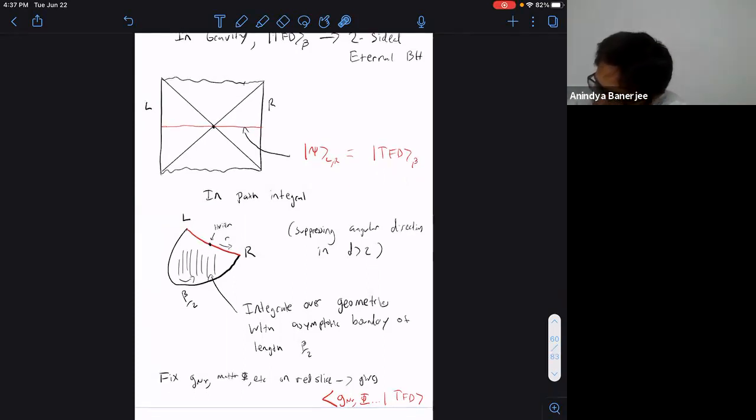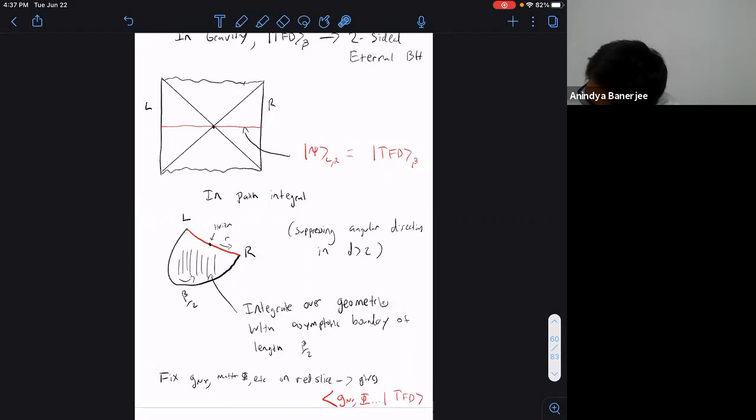In the path integral in gravity, we can prepare the wave function of this red slice by doing a path integral where we have an asymptotic boundary of length beta over 2, and we fix the geometry on some spatial slice that connects the two asymptotic boundaries, left and right.